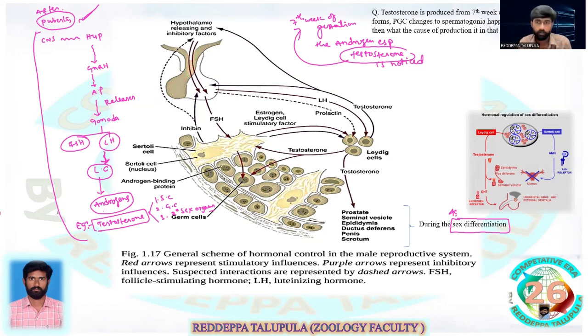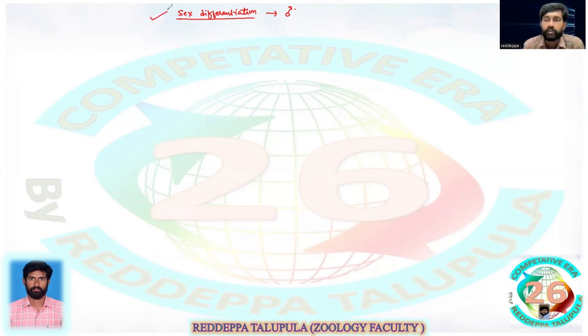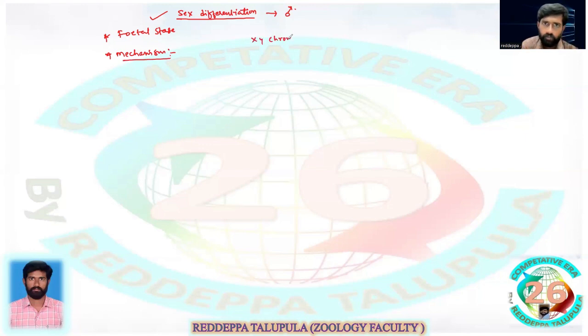Sex differentiation in males primarily involves the fetal stage. Mechanism: what is the process involved in it? First, there is the XY chromosome, nothing but the genotype. On the Y chromosome, the presence of the SRY gene is noticed.